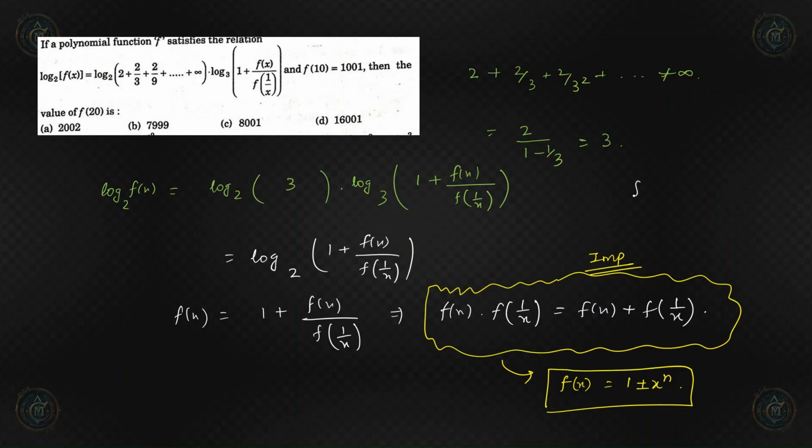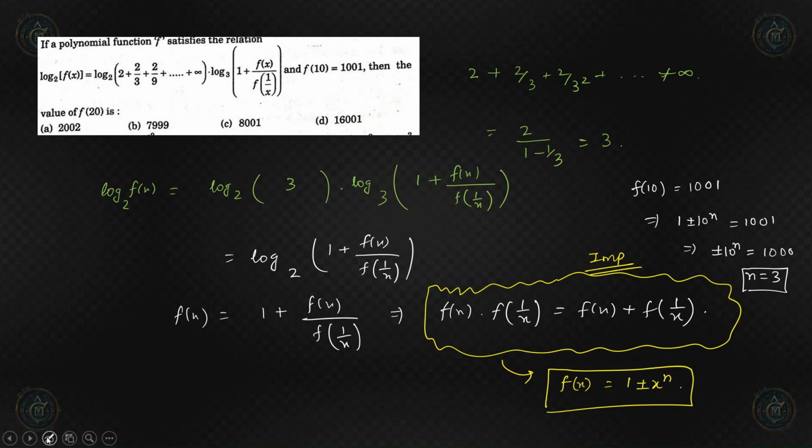Given f(10) equal to 1001, that means 1 plus minus x to the power n equal to 1001. That means plus minus x to the power n is, at x equal to 10, plus minus 10 to the power n equal to 1000. Now we can easily see from this equation that we have to take the positive sign here, and then n equal to 3.